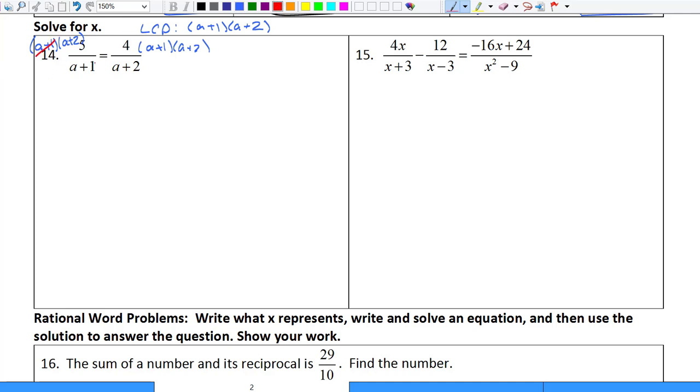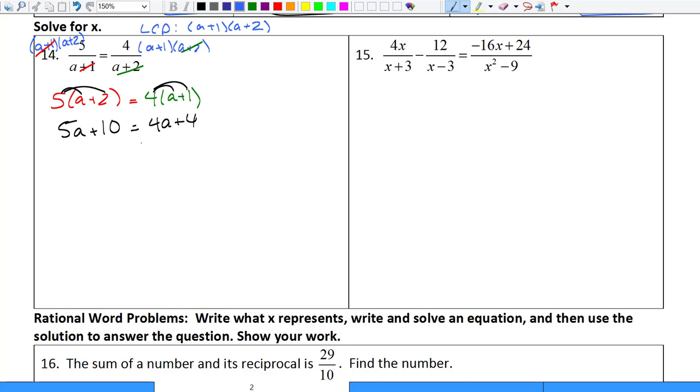Then I'm going to divide out the common factor, and I'm left with 5 times a plus 2. On the other side, the a plus 2 factor divides out, and you're left with 4 times a plus 1. Now it's just a simple solve. So we have 5 times a plus 5 times 2, so that's 5a plus 10, equals 4a plus 4.